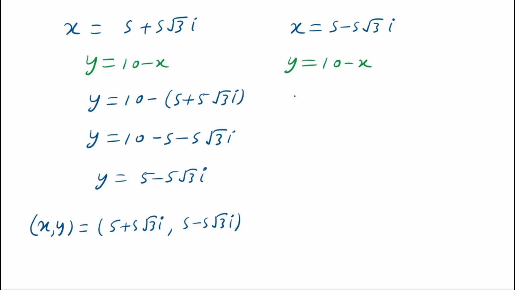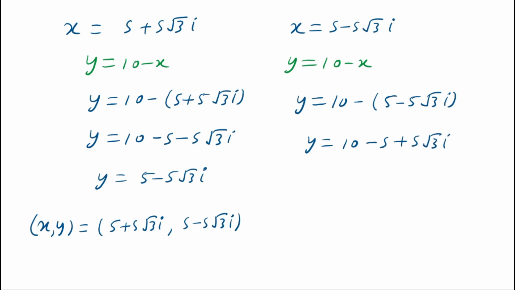Now solve this other case. y equals 10 minus x, replaced by 5 minus 5 times square root of 3 iota. Then y equals 10, and this negative sign is multiplied inside the bracket, so it is minus 5 plus 5 root 3 iota. Then y equals 10 minus 5, which is 5 plus 5 root 3 iota.